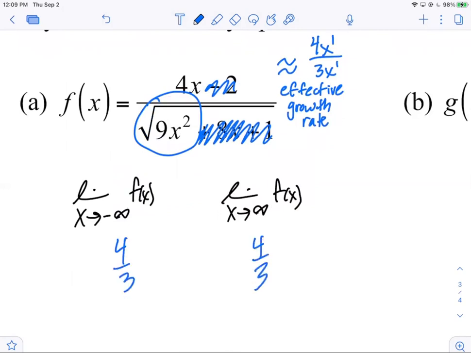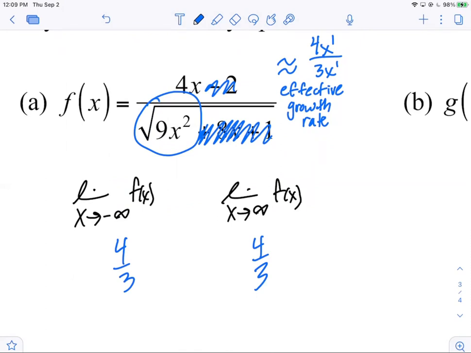Now, if this problem were truly, not effectively, but truly just 4x plus blah, blah, blah, over 3x plus blah, blah, blah, it would be 4/3 for both the left and right limit. Here's why. Look at the effective growth rate, 4x to the first, 3x to the first. If I plug in a positive huge x, positive to the first over positive to the first is positive, right?